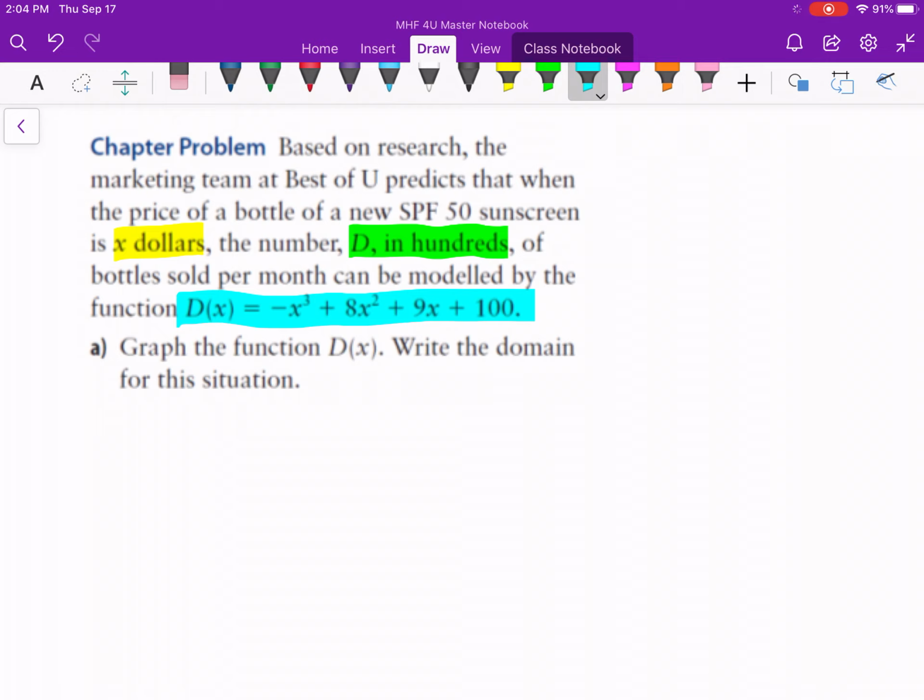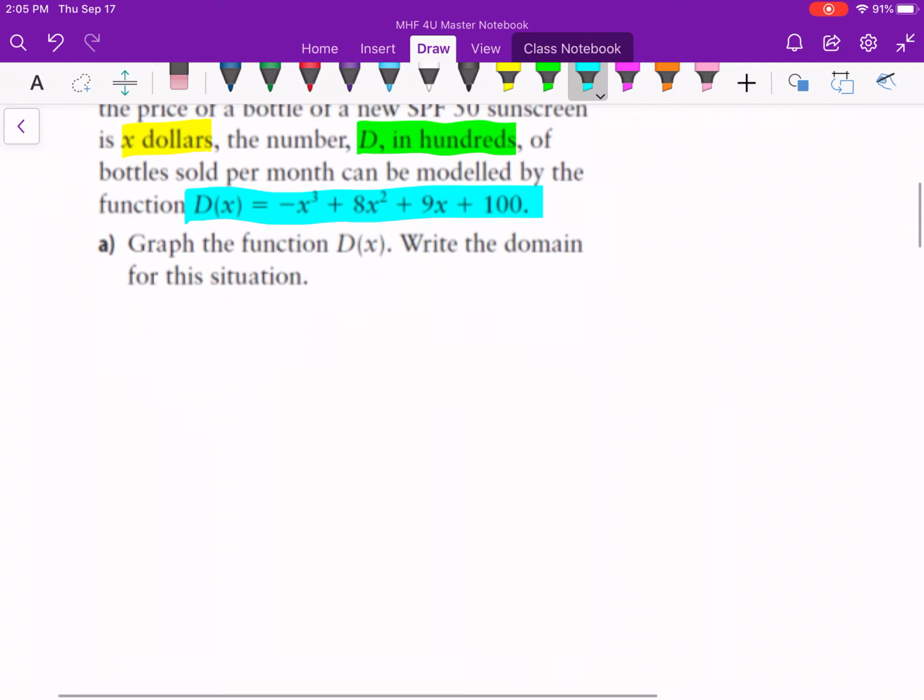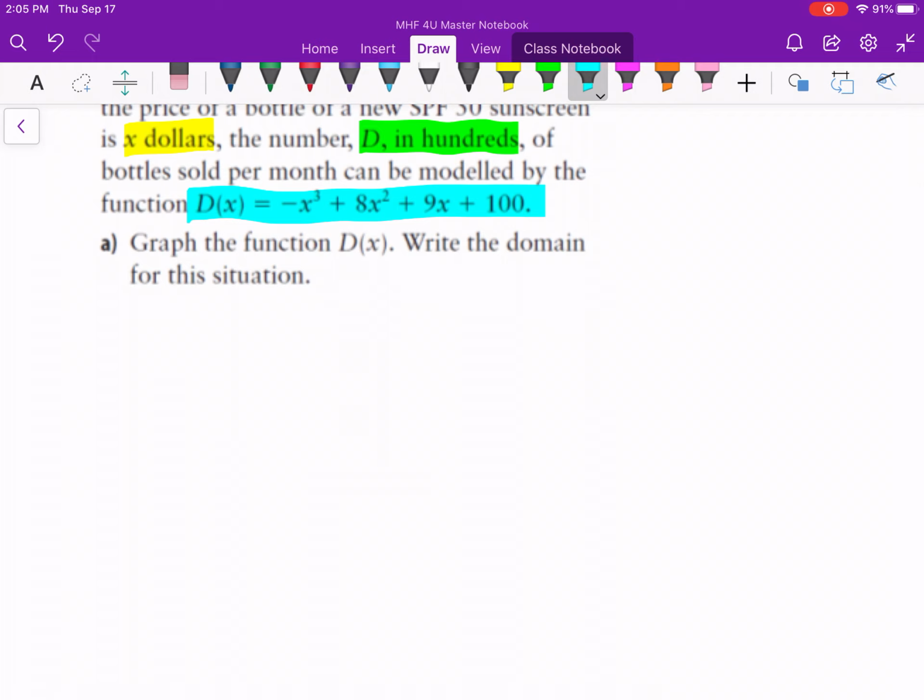So the number of bottles sold in hundreds is a function of how much they charge. If you charge more, presumably you're going to not sell as many. So let's graph the function anyway, and then take a look at what it looks like.